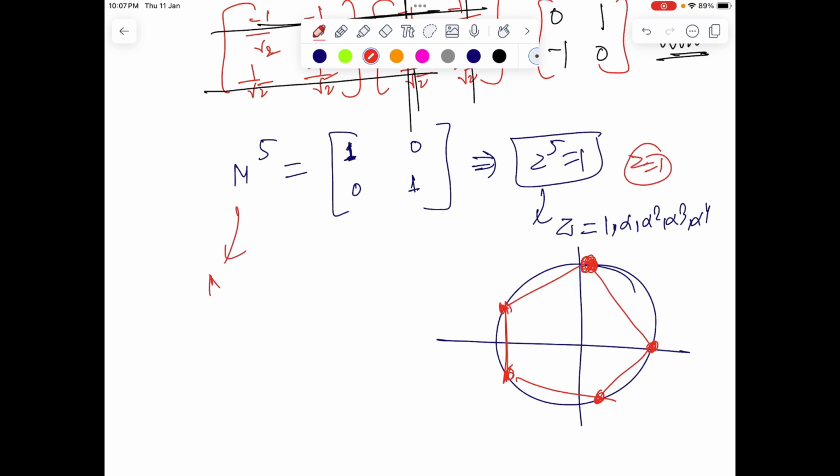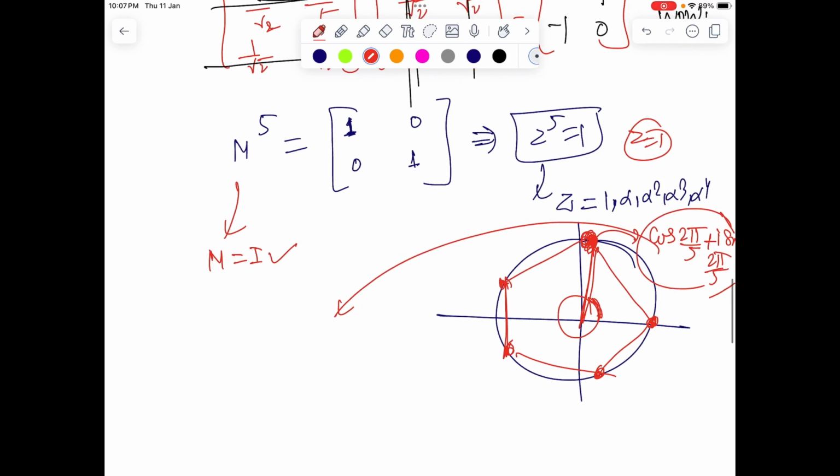Let's give it a try. One of the solutions is definitely z equals 1, which represents the identity matrix. So one solution is M is I, which is of course true. The other solutions will be in polar format. It's going to be cos 2 pi, as you know the total angle is 2 pi, and it will be divided by the fifth root of unity into 1/5 part. So cos 2 pi by 5 plus i sine 2 pi by 5. So this is another solution. Let's decode how that solution will look in matrix form.